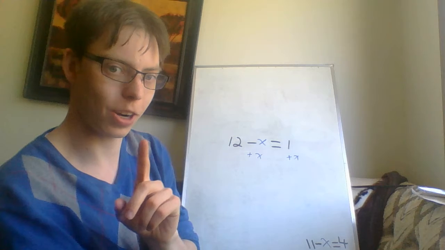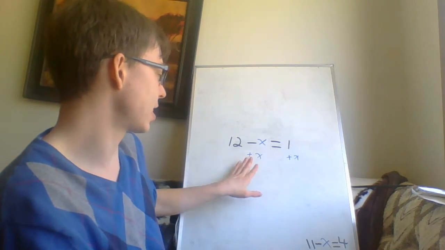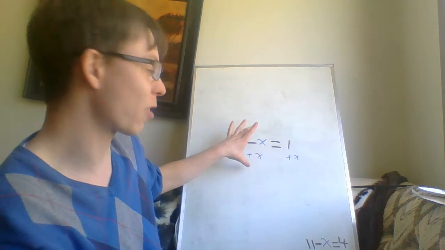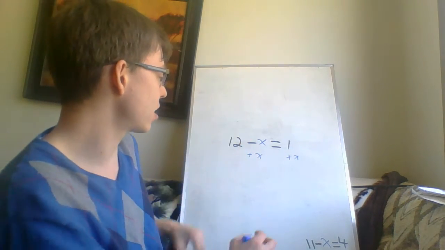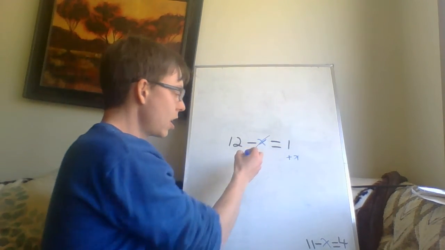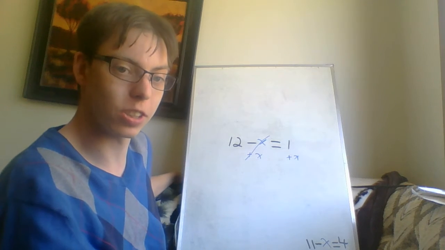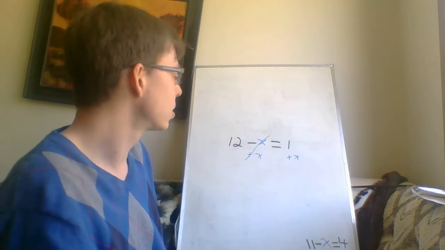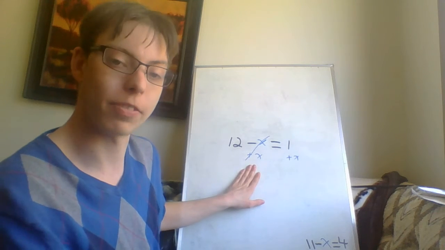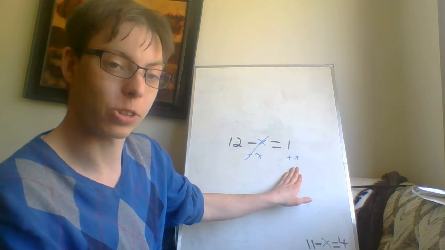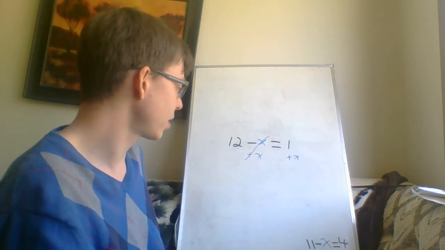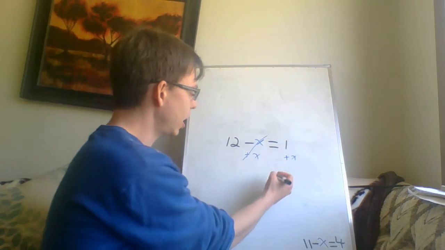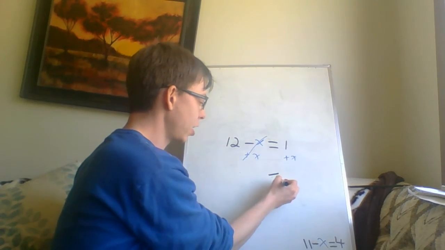This is where it gets tricky, because now I've added a positive x to both sides. The goal is to get rid of it here, and these two cancel each other out. A negative and a positive of the same number cancel out to 0 always. So I've gotten rid of that. Now I have to rewrite what it looks like, keeping my equal sign as my anchor point.